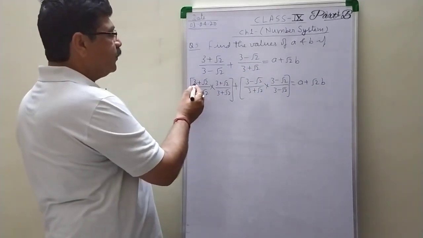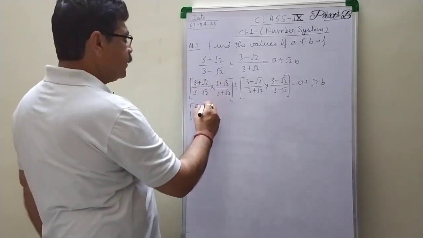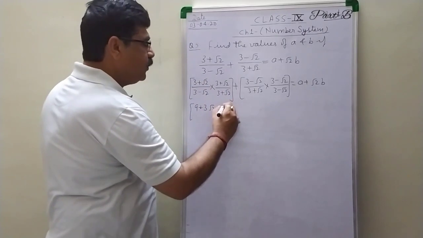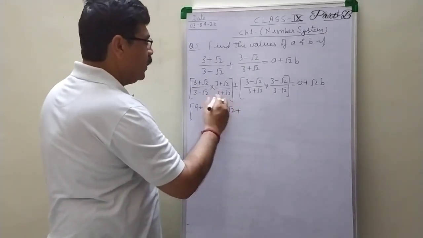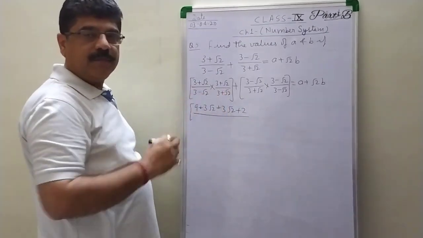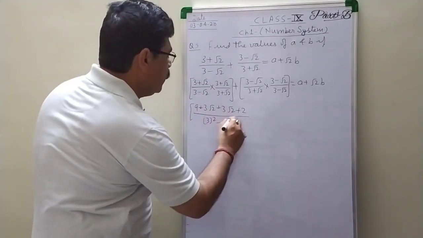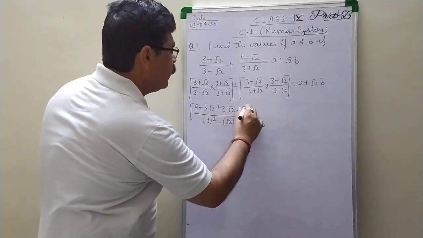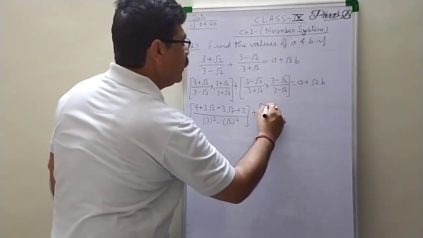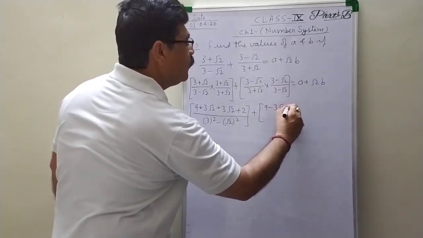Now we solve it. So 3 3s are 9. 3 into root 2 is 3 root 2. 3 into root 2 is 3 root 2. And root 2 into root 2 is 2. Here we use the identity (A plus B)(A minus B), so that is A square minus square of root 2. Similarly here, 3 3s are 9. 3 into minus root 2 is minus 3 root 2.